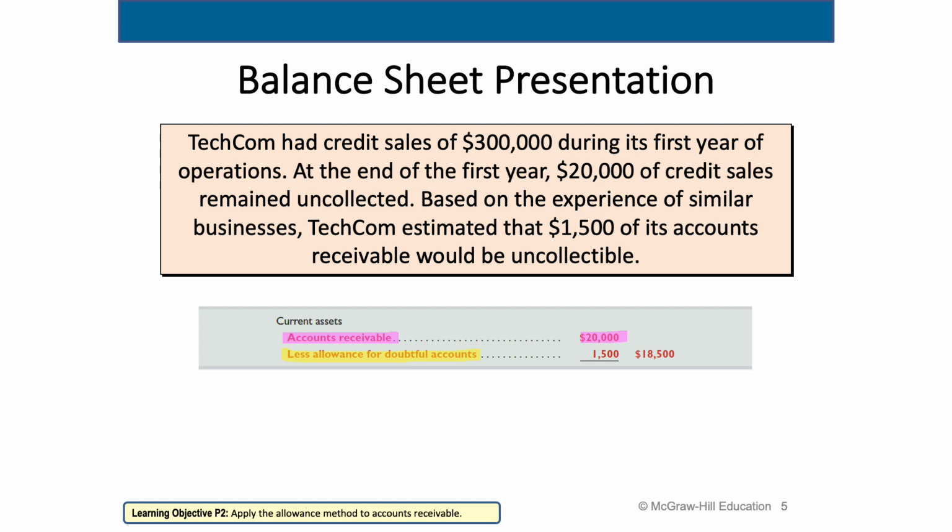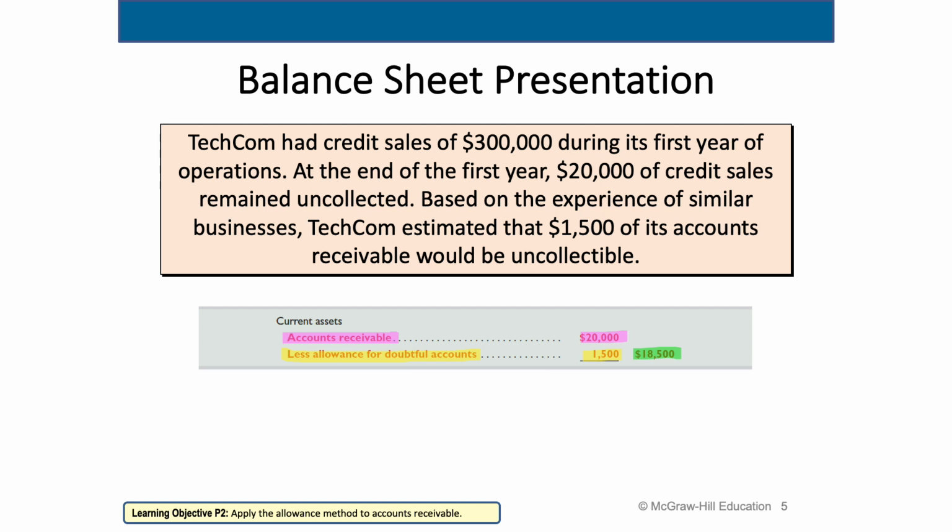So we say here less allowances for doubtful account, because we are doubting that we are going to receive 1,500 from the customer. So I'm going to put 1,500 here. Now, how much is my account receivable? It means that I'm not going to receive 20,000 from the customer. I'm going to receive only 18,500. Why only 18,500?